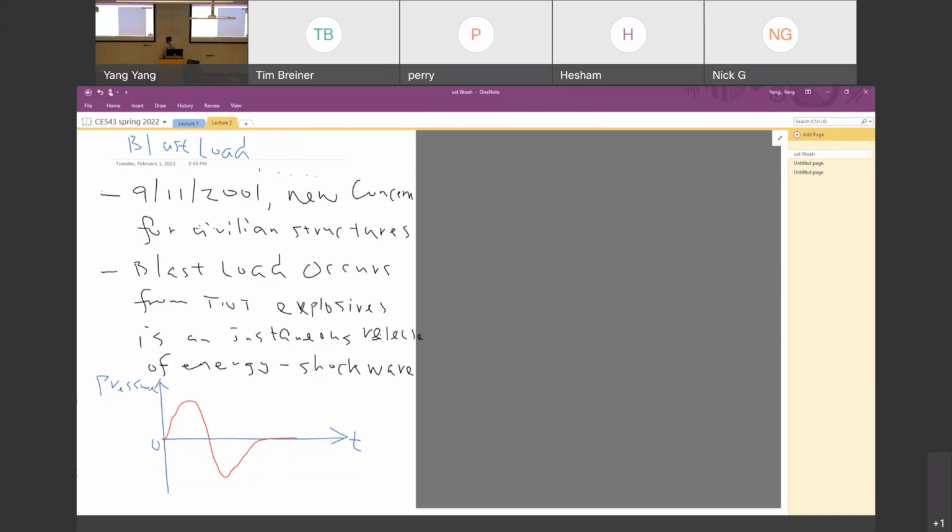And if we have negative pressure, it's more like a vacuum, so the surface of the building is pulled outwards by the pressure. Outwards and inwards, so there are two. That's why when you design for blast load, you have to consider both of those.